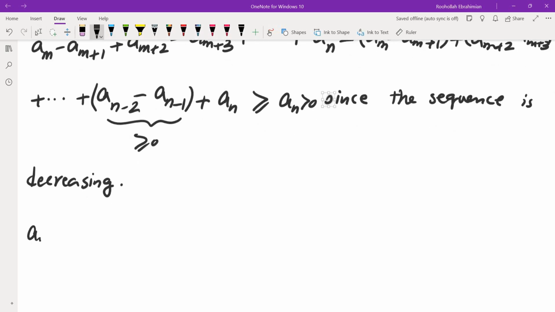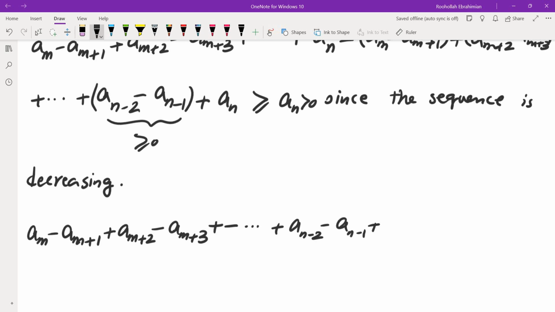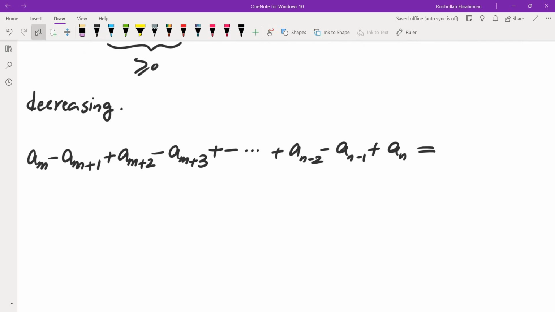If you look at the same thing, a_m minus a_(m+1) plus a_(m+2) minus a_(m+3) plus, all the way to a_(n-2) minus a_(n-1) plus a_n, we can pair them up in a slightly different way. We're going to leave out the first one and pair them this way, this one with the previous one.